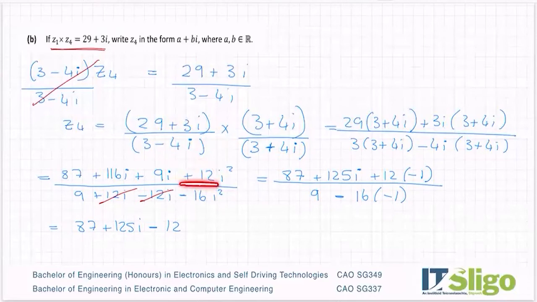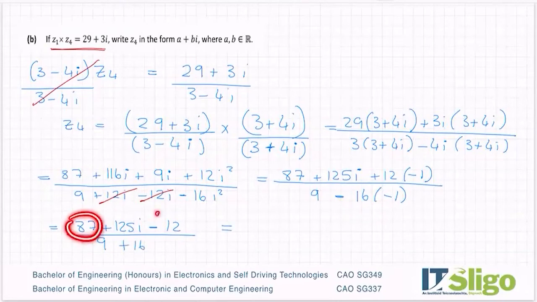So you see the way it's plus 12, it'll become minus 12. This minus 16 will become plus 16. Because I have 9, I have minus by minus is a plus 16. Now I can merge the 87 minus 12. So it's 75 plus 125i over 25.